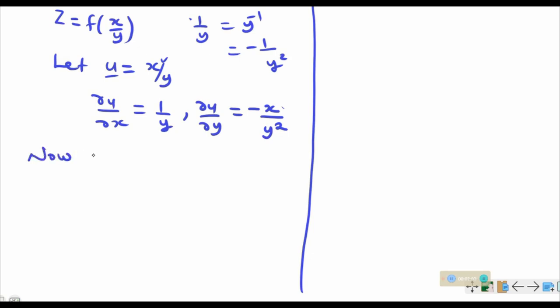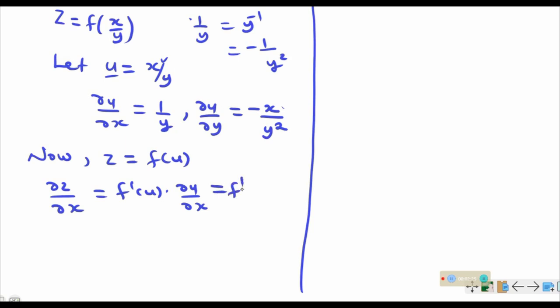Now it implies that our z is same as f of u, which means del z del x will be f derivative of u times del u del x, which is 1 upon y.